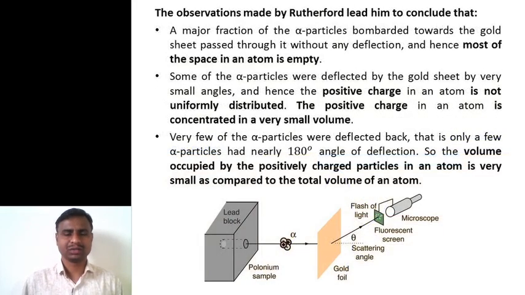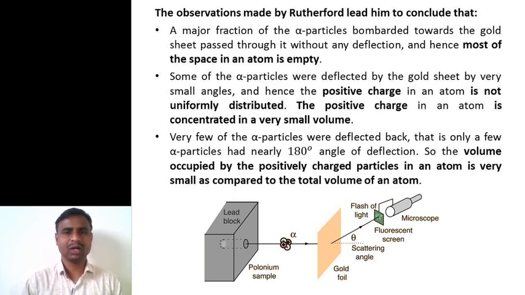The observations. Number 1: a major fraction of the alpha particles bombarded towards the gold sheet passed through it without any deflection, and hence most of the space in an atom is empty space.